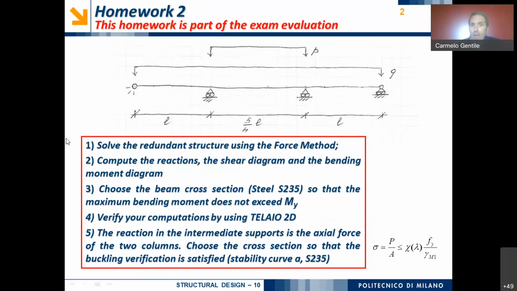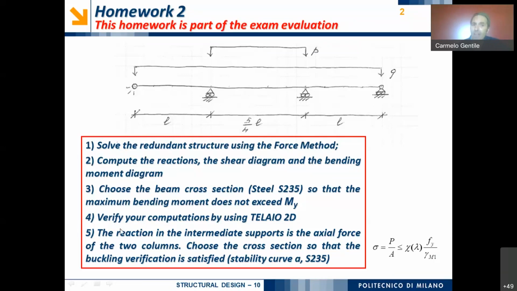Okay, it is possible to verify your computation in terms of bending moment and shear force by using the code Telaio 2D. Okay, once having done this, we know also the value of the reaction acting on the intermediate support.